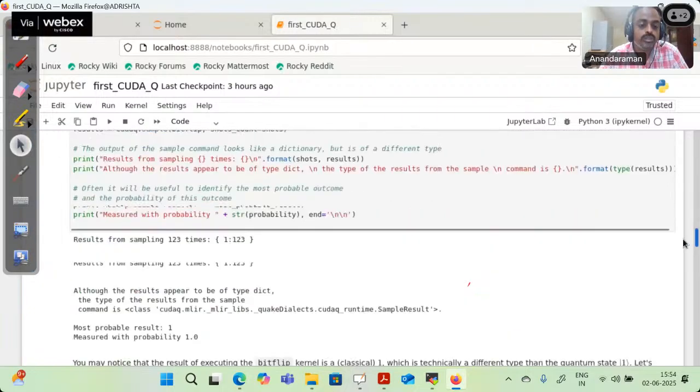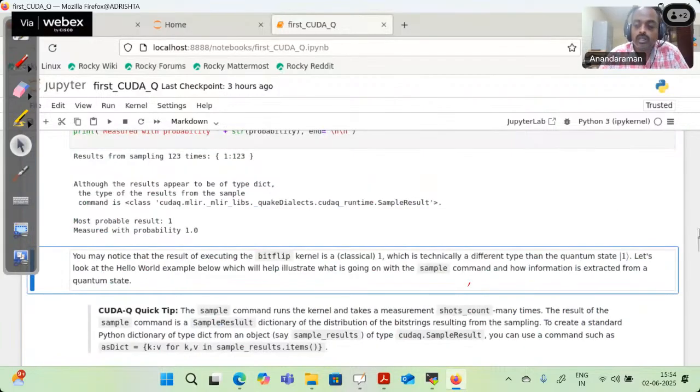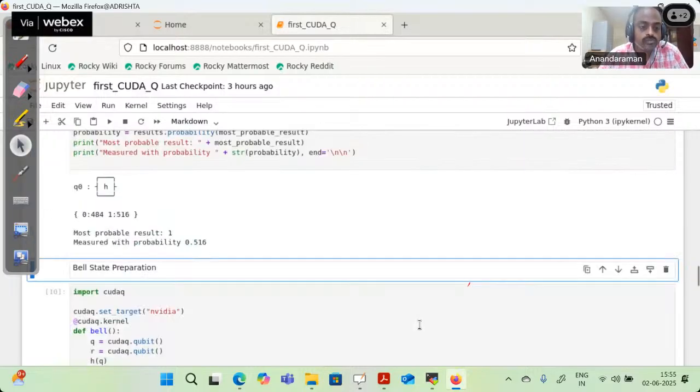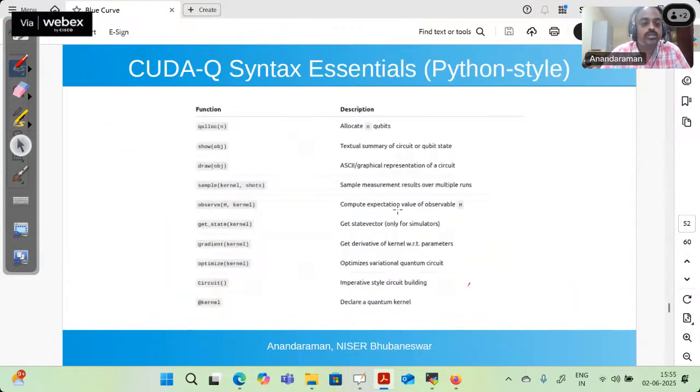So that is the bit flip. The last 2 slides are there. These are some of the syntaxes, kernel and so on.